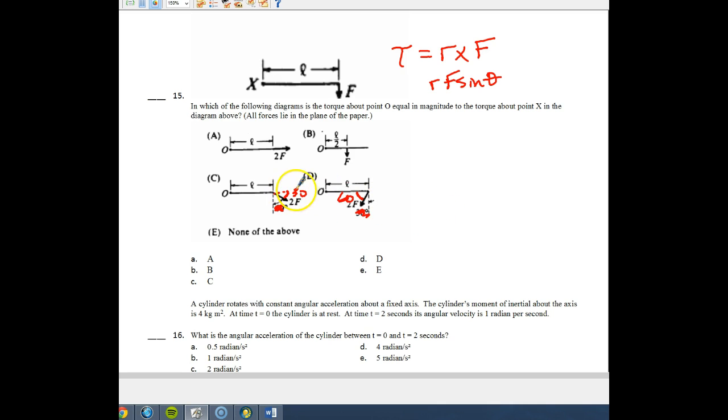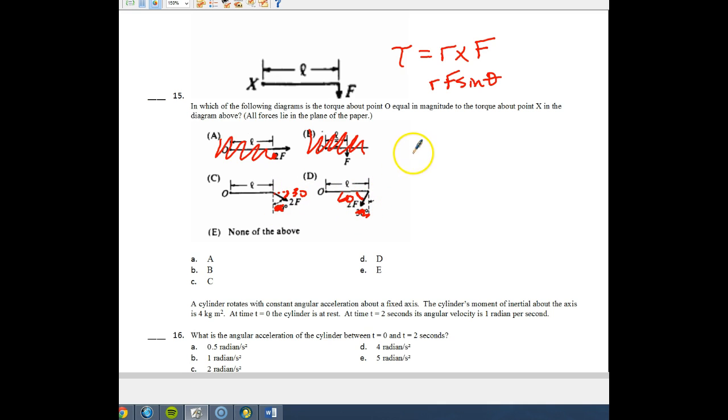For this one, we know that it can't be A because if it rotates and this is 2F, you're going to have a lot more torque. So that can't be right. It can't be B because that's half. So that wouldn't make any sense either. So now we've got to look at it where if I double the force, which of these two is going to give us the same answer?